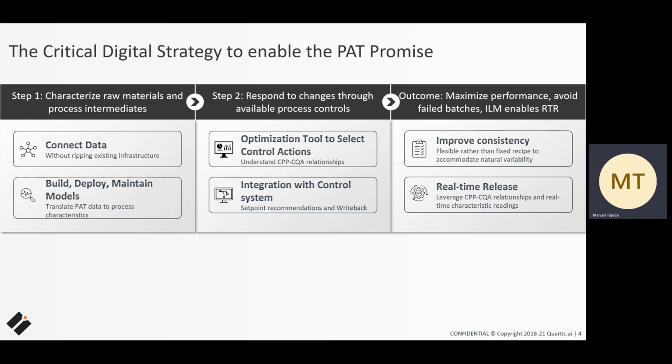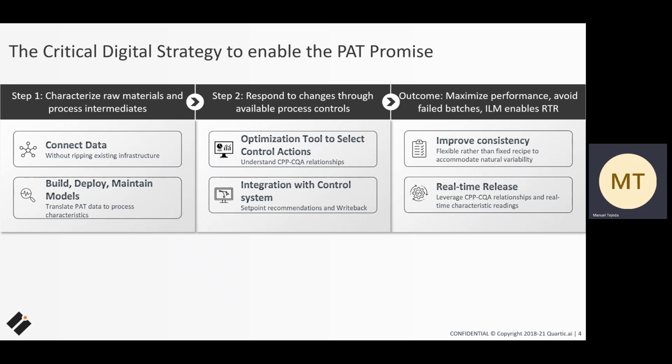It's a little bit more complicated than that to achieve each of these outcomes. So step 1, characterizing raw materials and process intermediates, is going to require connecting data systems and then your control systems, this PAT, and then we have to build, deploy and maintain models, the models that are turning that PAT data into attribute data. Step 2, responding to changes through available process controls. Well, there's 2 steps.